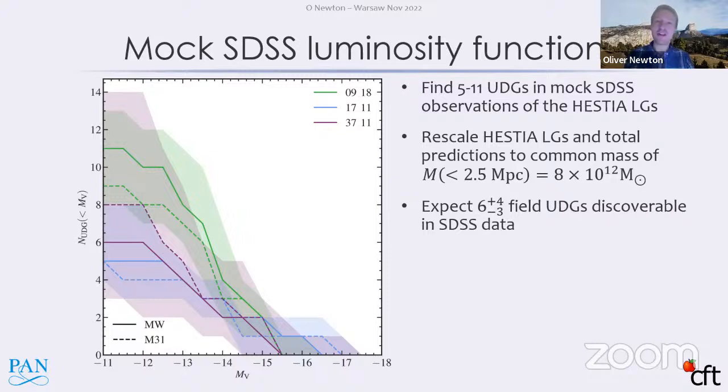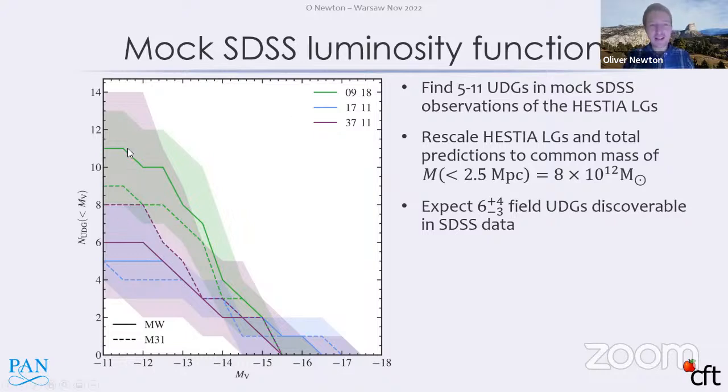Across the 3, we find somewhere in the region of 5 to 11 UDGs in the mock SDSS observations, with quite a large scatter. These shaded regions represent 68% confidence limits on the luminosity functions of the Milky Way analog.